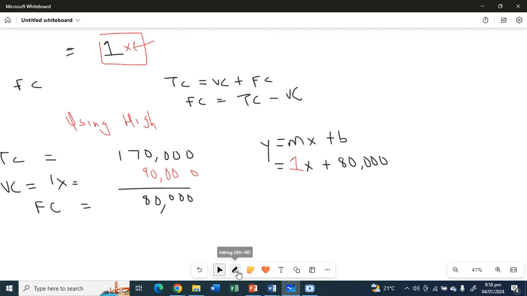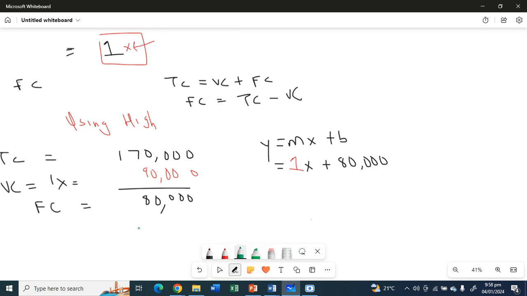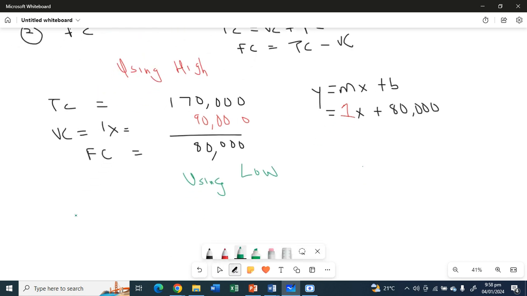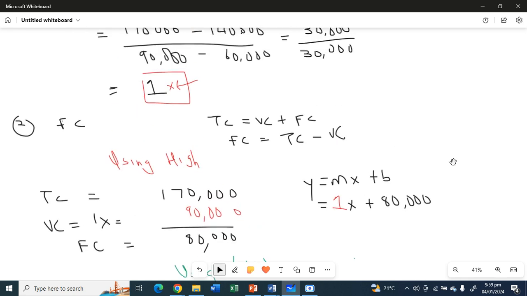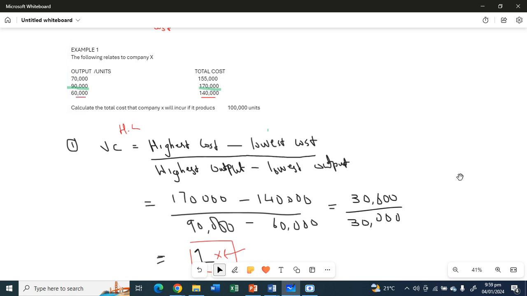So using the low, the lowest total cost incurred by this company is 140,000, and the number of units produced is 60,000 units.